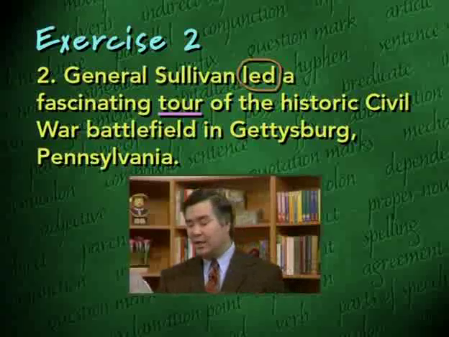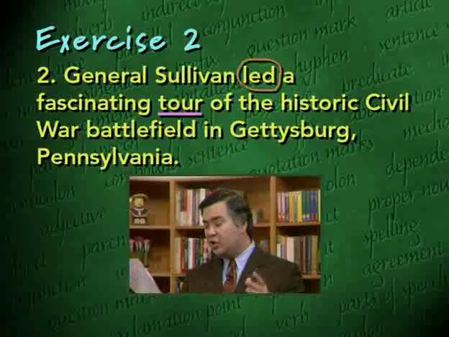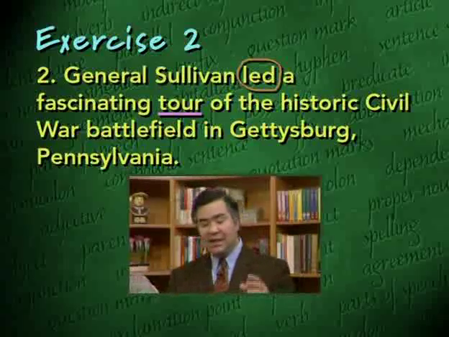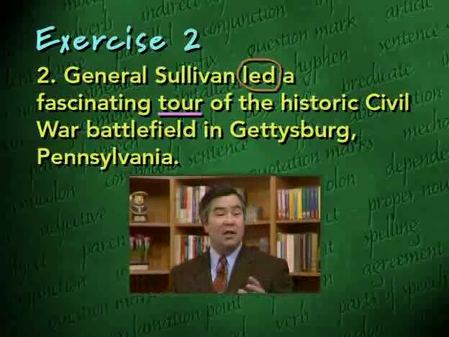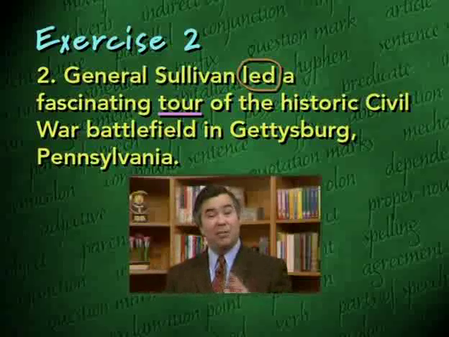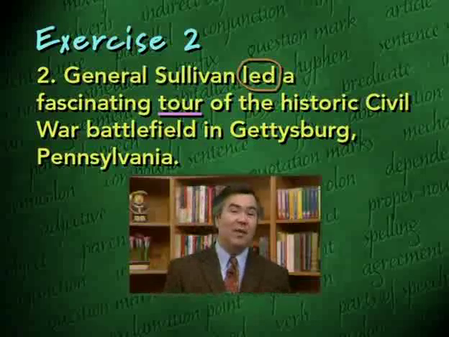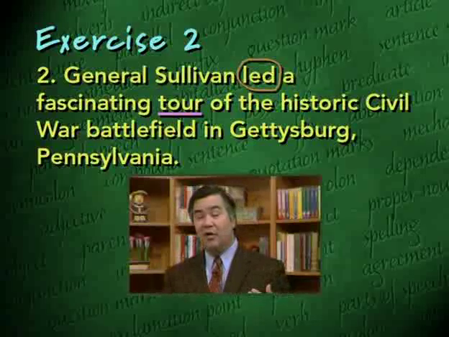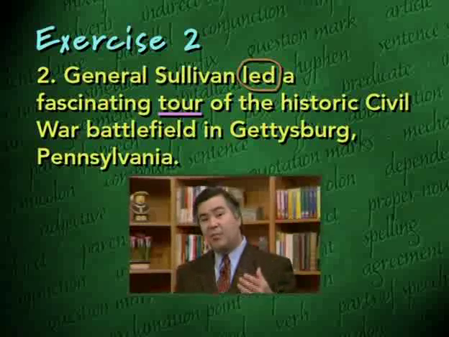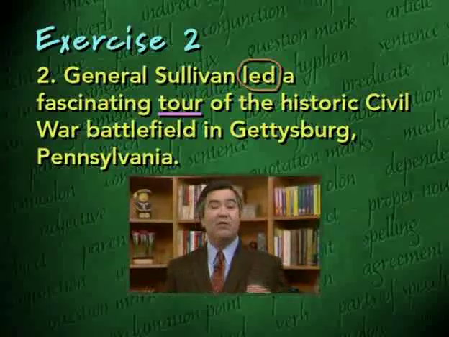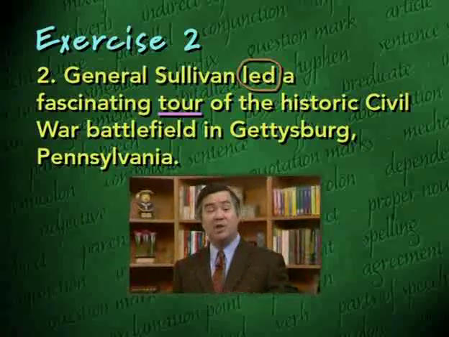What kind of tour was it? It was a tour of the historic Civil War battlefield. And where was that battlefield? In Gettysburg, Pennsylvania. Those two groups of words are prepositional phrases, and the prepositional phrases give more information about the action. They don't receive the action of the verb directly. One tip when you're looking for the direct object of a verb is that the direct object will never be found in a prepositional phrase.